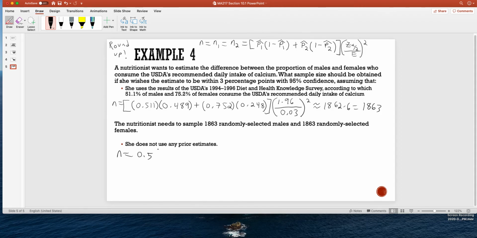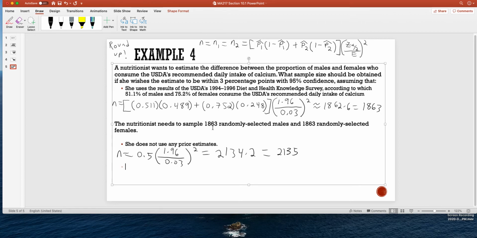So 0.5 times that z-score of 1.96 divided by the margin of error of 0.03, and we're squaring this. If we do this, the maximum that this is going to be is 2,134.2, which we would then round up to 2,135. So the maximum sample size that that nutritionist could use is 2,135.